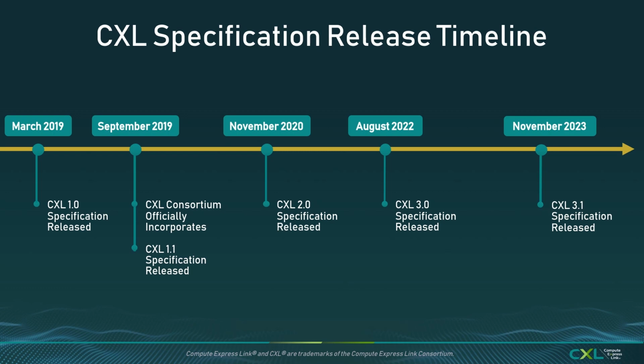In November 2020, we released the 2.0 specification addressing some of the things that I talked about. August 2022 was the CXL 3.0 specification, right? And then last year, November 2023, we released the CXL 3.1 specification. And today, we'll cover the aspects of the CXL 3.1 spec.